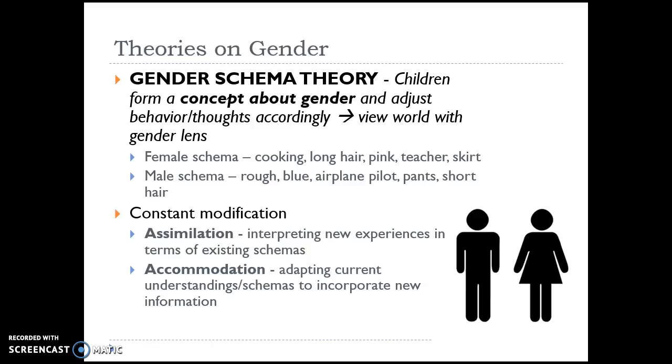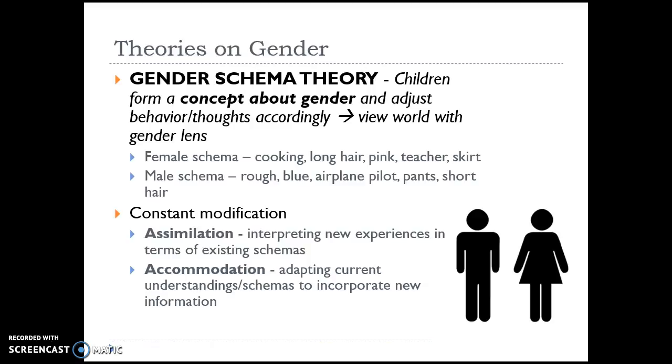So now the parent looks at the child and says, you know what, actually that is a male who just has long hair. So the child then has to accommodate their female and male schemas to include new information. They have to accommodate their female schema to exclude males with long hair, and they have to accommodate their male schema to include males with long hair. So they're constantly assimilating new experiences into their schemas and also accommodating their schemas to adapt to changing situations and new things that they're learning.